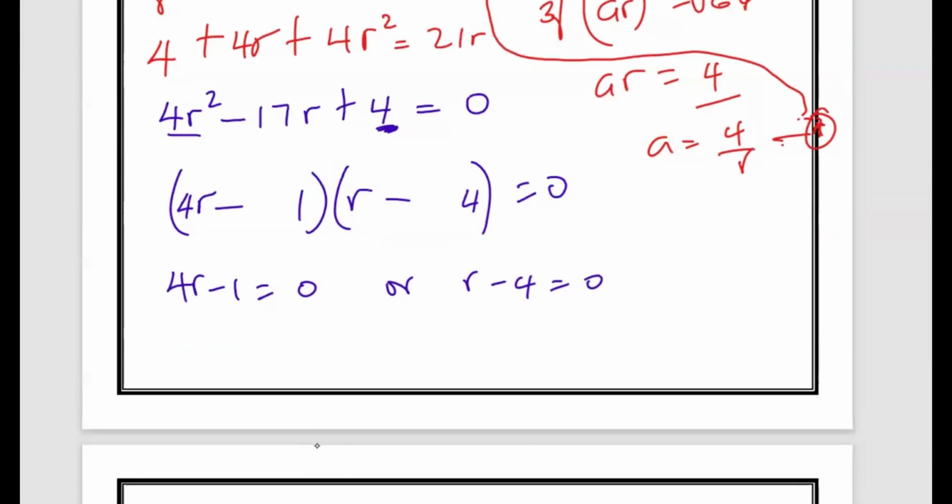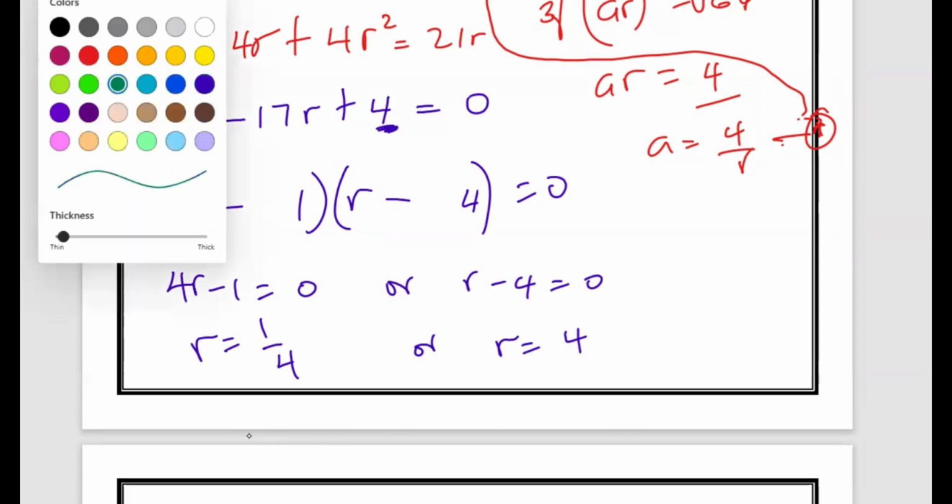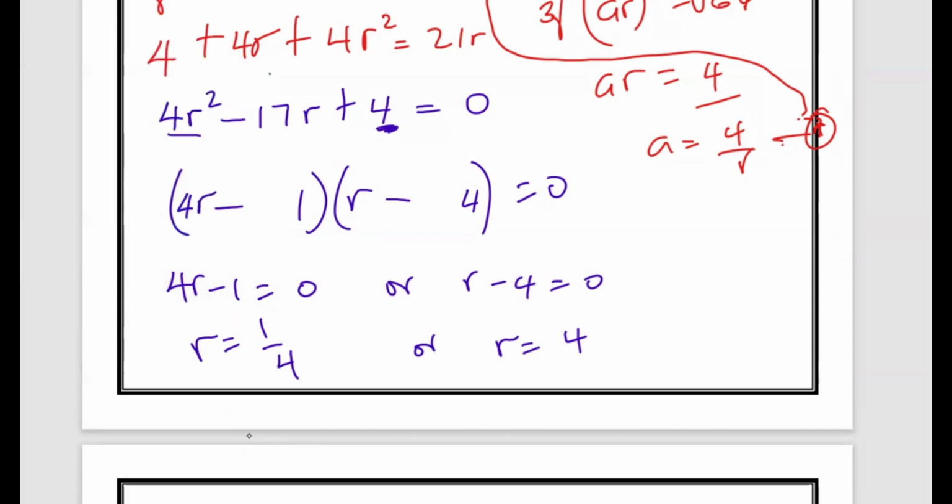So from the first scenario, our R is going to be a quarter, or R is going to be 4. Then let's substitute these values to determine the values of A. If R is 1 over 4, then A is going to be 4 divided by 1 over 4, which gives us 16.